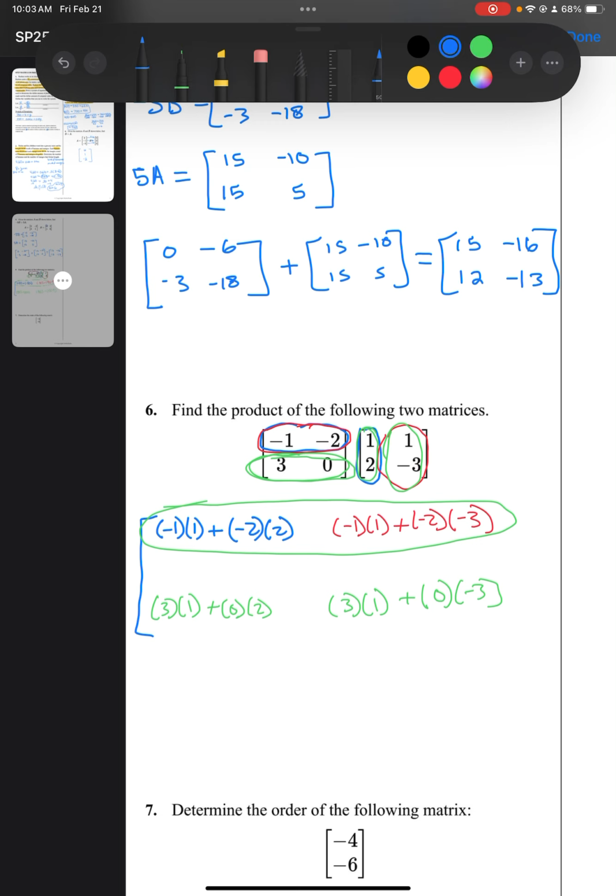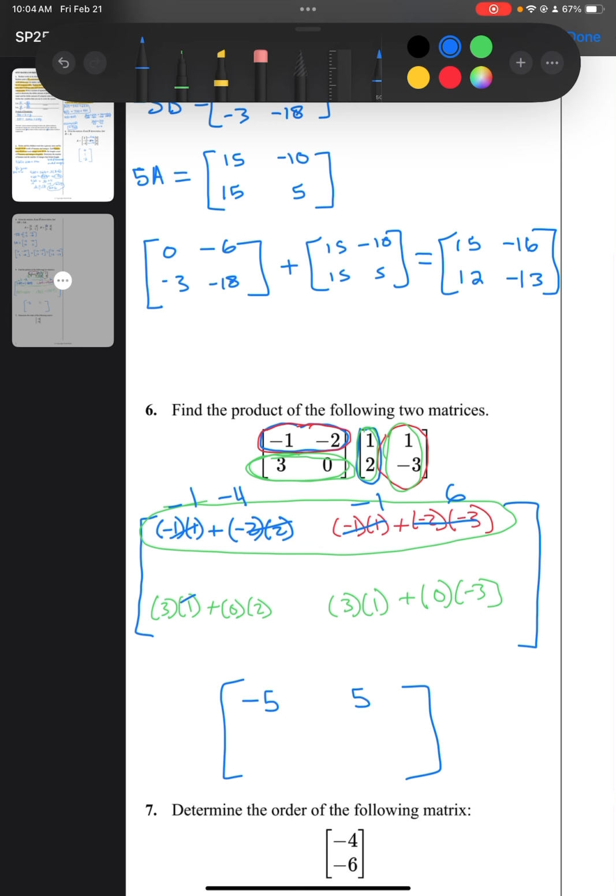Okay, so now we just need to simplify this matrix, right? From doing that, -1 times 1 is -1, -2 times 2 is -4, -4 plus -1 is -5. -1 times 1 is -1, -2 times -3 is 6, so 6 plus -1 is +5.